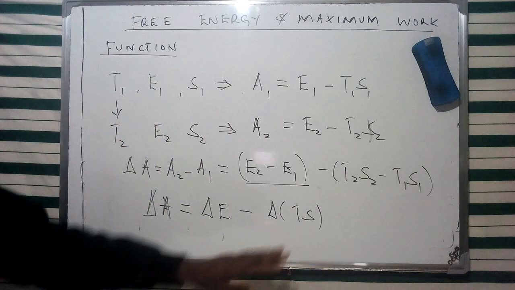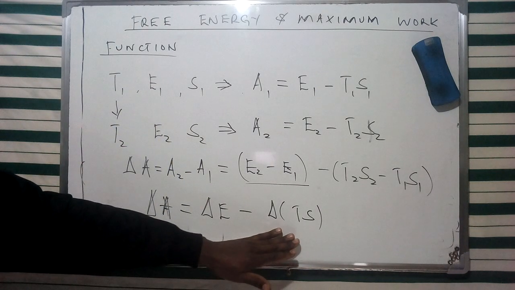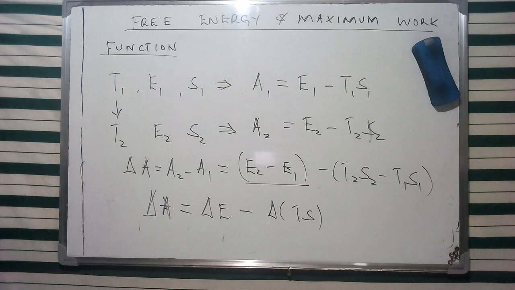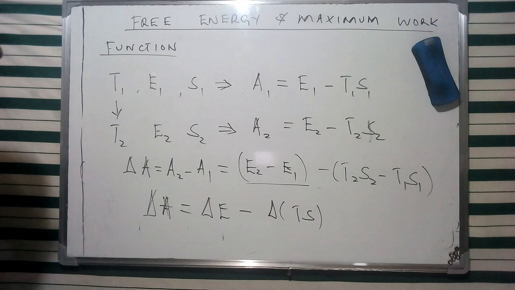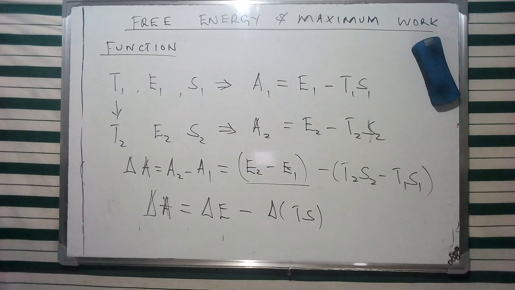In this particular case, we can consider a state with constant temperature, especially for the first change that we mentioned in our previous discussion. So the temperature is going to remain constant, whereas the entropy changes.